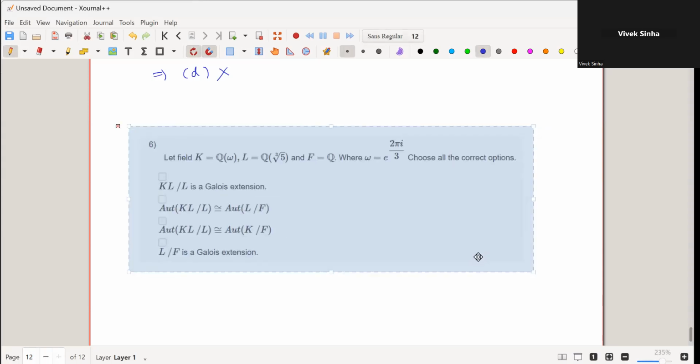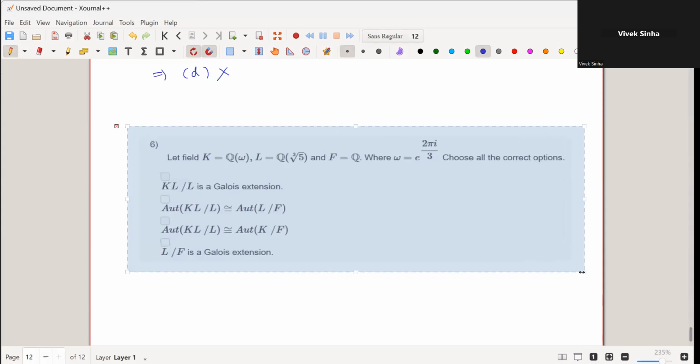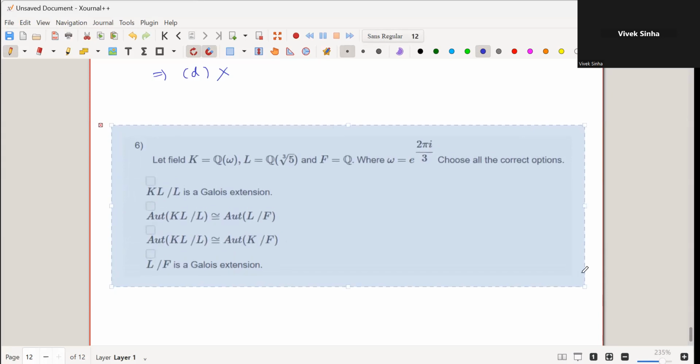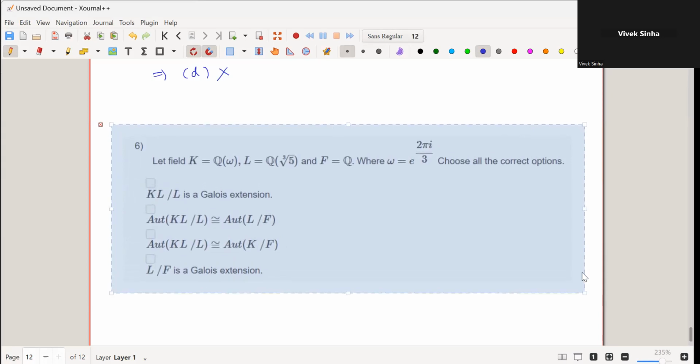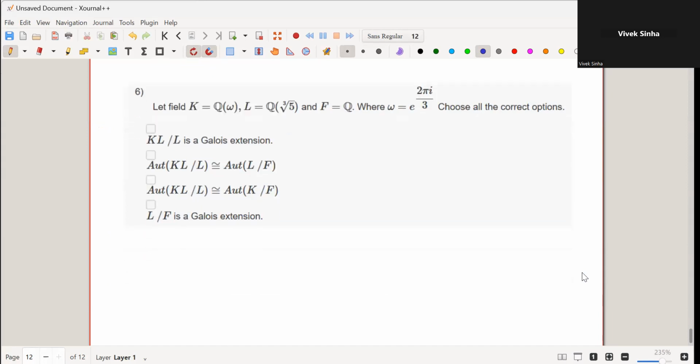So question number 6. It says let K be the field Q adjoined omega.